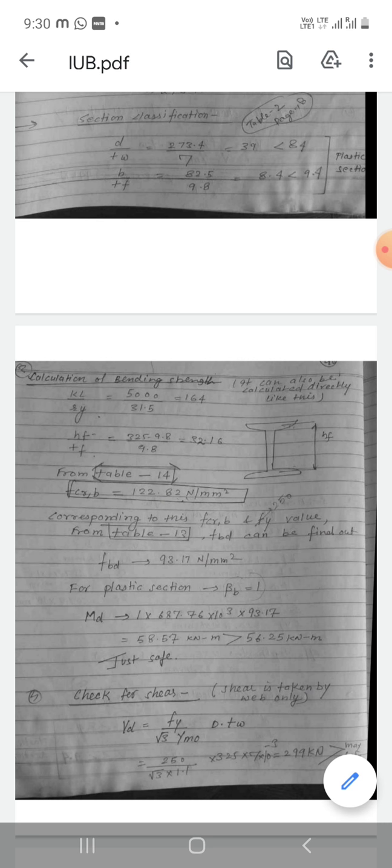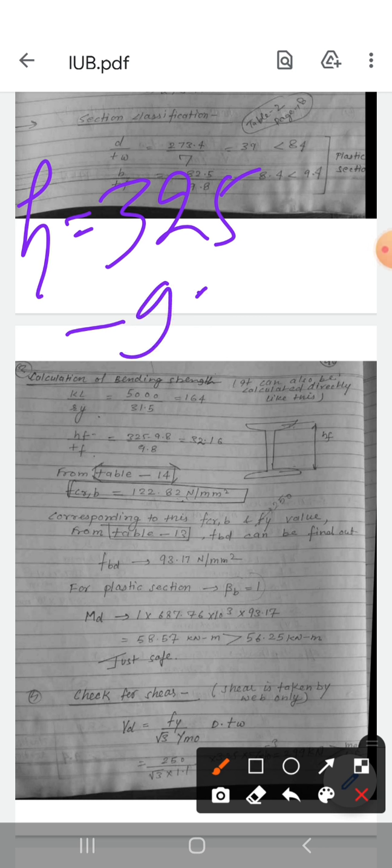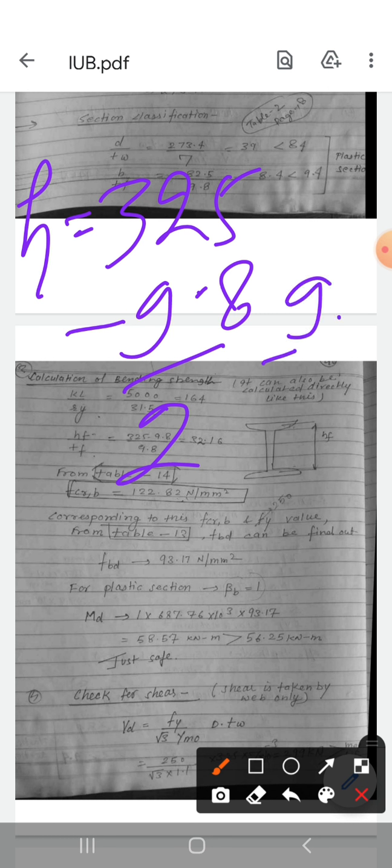I'm writing it again. So h will be 325, that is total depth, minus half of the flange thickness 9.8 divided by 2 on the compression side, minus 9.8 divided by 2 on the tension side.